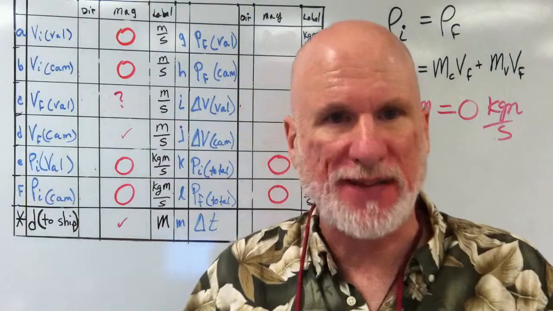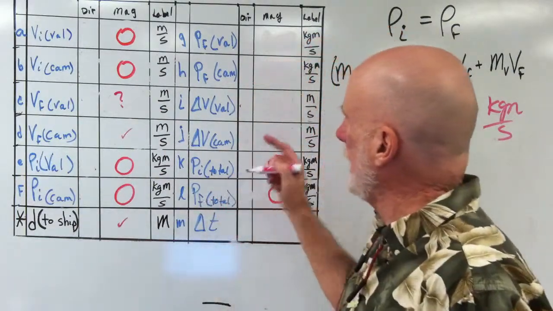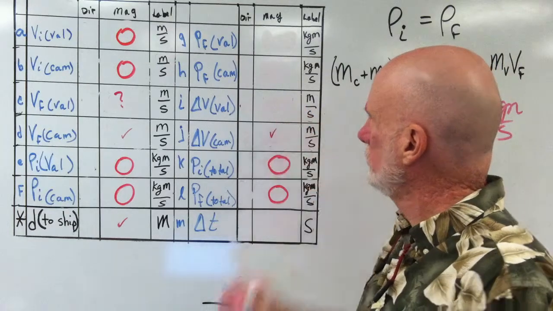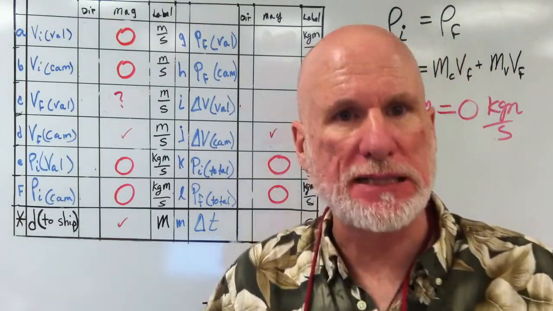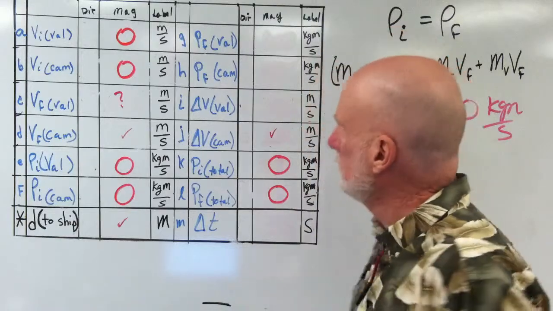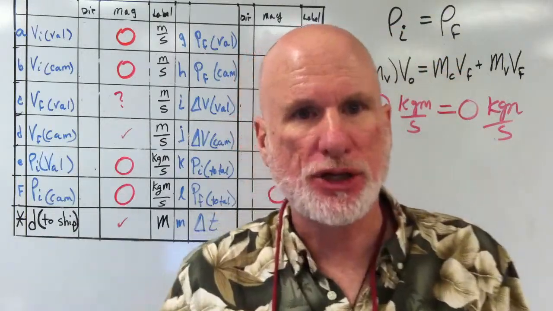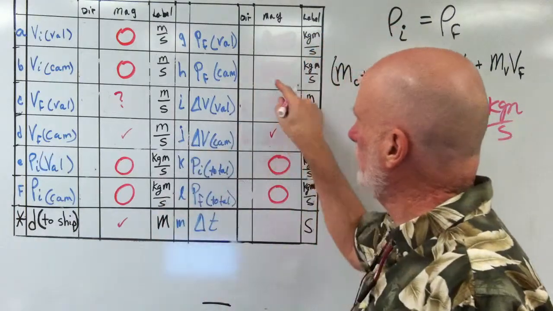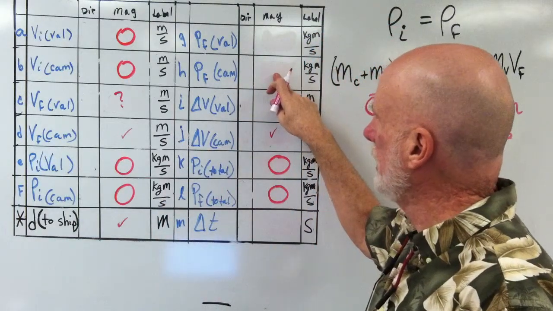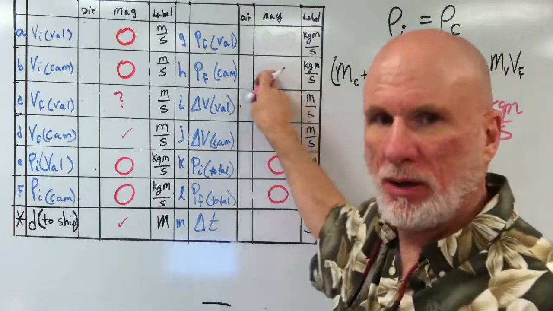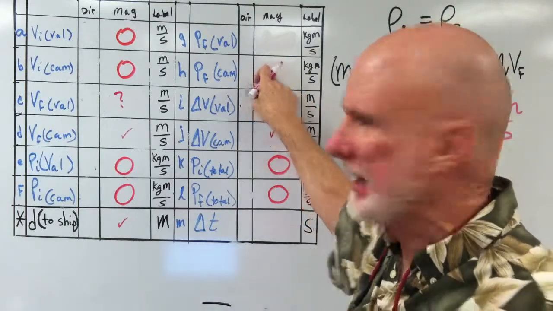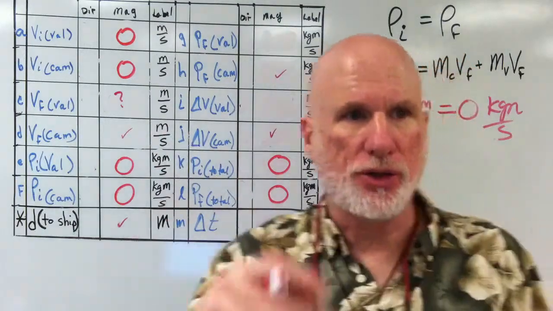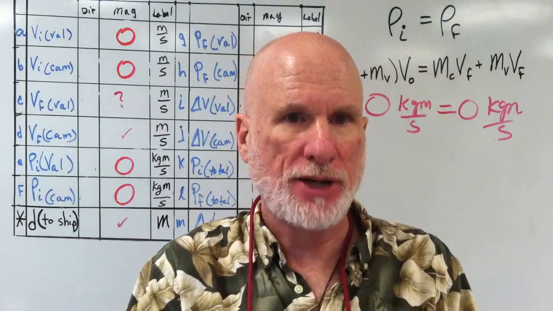That's the first thing you have to calculate. And the change in velocity of the camera. That's all I want you to do. Oh, one more thing. I want you to put down the final momentum of the camera. Okay? 1, 2, 3. I want you to do the correct sign, the direction, and the magnitude.